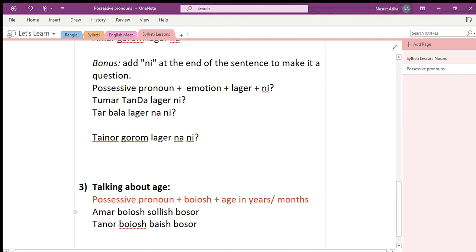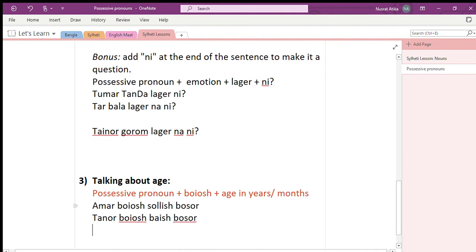Or if you wanna say days, if you wanna say baby, Igur boyosh dosh din or dosh mash. So din means days and then mash means months.